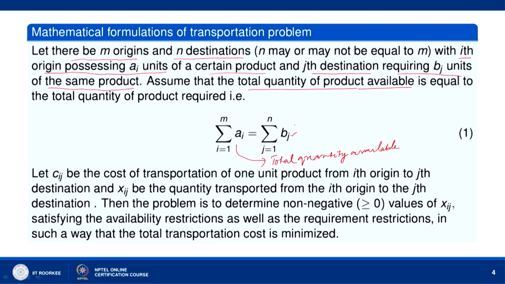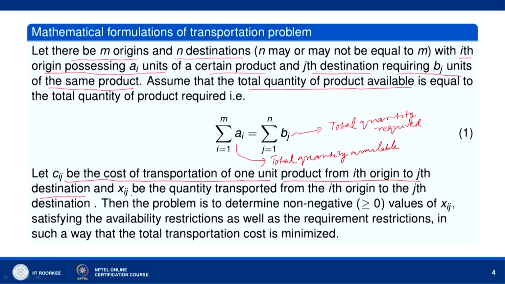So the total quantity required is sigma j equal to 1 to n B j. Let us assume that the total quantity available for shipment is equal to the total quantity required. So, sigma i equal to 1 to m A i equals sigma j equal to 1 to n B j.